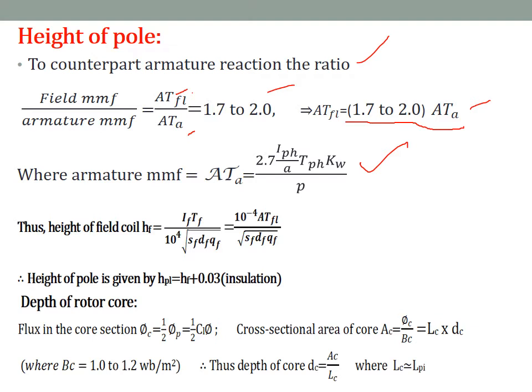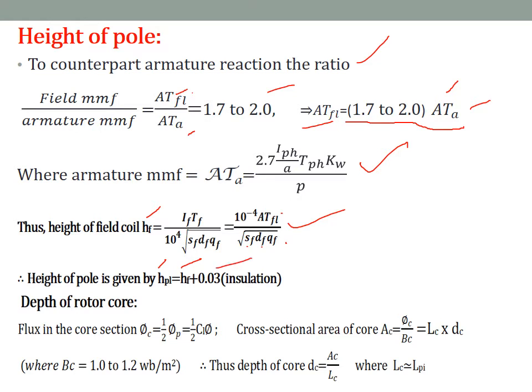Once you find out ATa, substitute here, ATfl you find out. And height of the field coil is found out using this equation. Substitute ATfl here, Sf, df, qf, all we know, and you can find out height of the field coil.